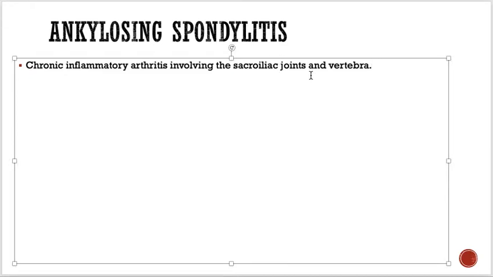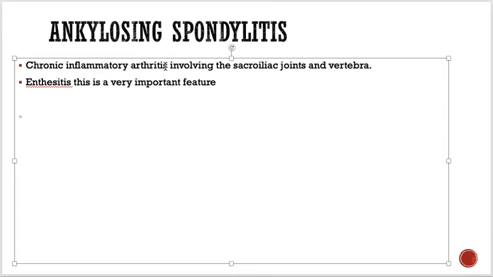Okay. Now, enthesitis is a very important feature in this one. Okay. Now, as I showed you, it can give uveitis. It is associated with HLA-B27. Okay, and all these things I already showed you, right?